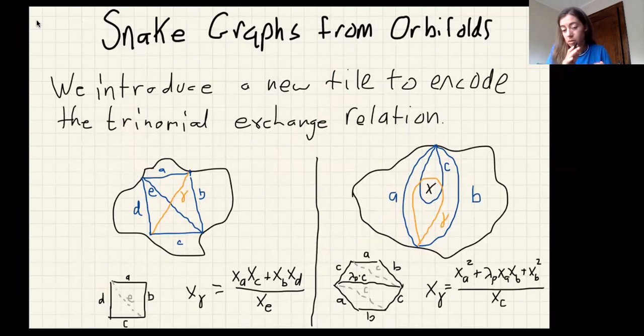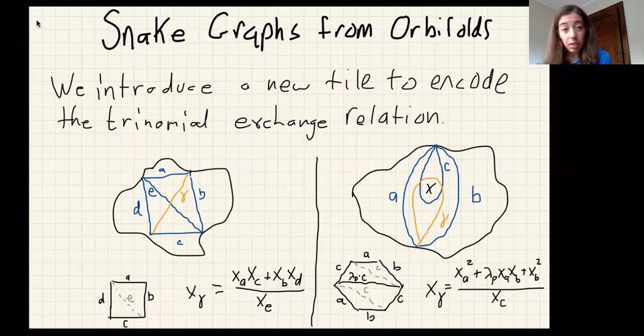So thinking quickly again about the normal snake graphs: if gamma was just this arc on the left, its snake graph would just be 1 tile. And that looks like the same picture we keep drawing for the Ptolemy relation. But of course, if gamma just crosses E but does other things, then we would have this tile glued onto other tiles.